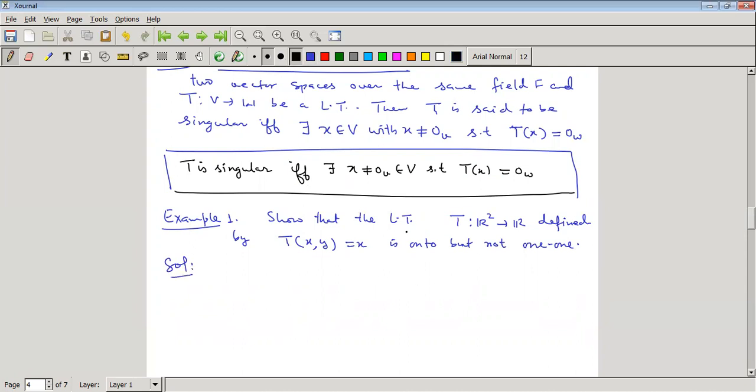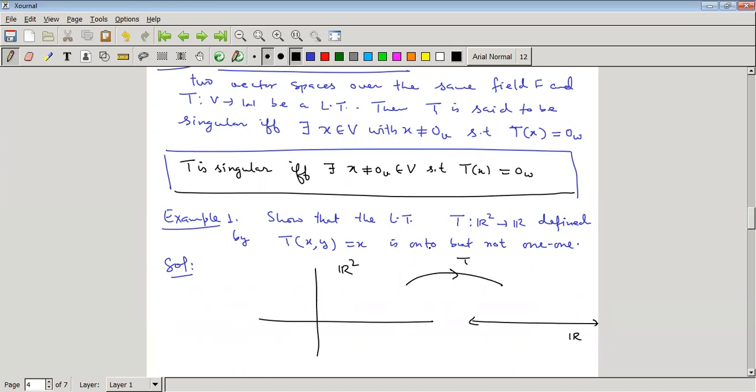So T is a mapping from R2 to R. This is our domain R2, and this is the codomain R.